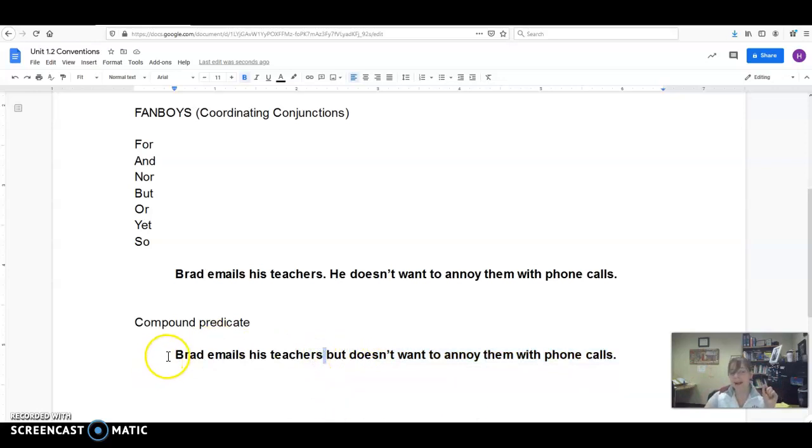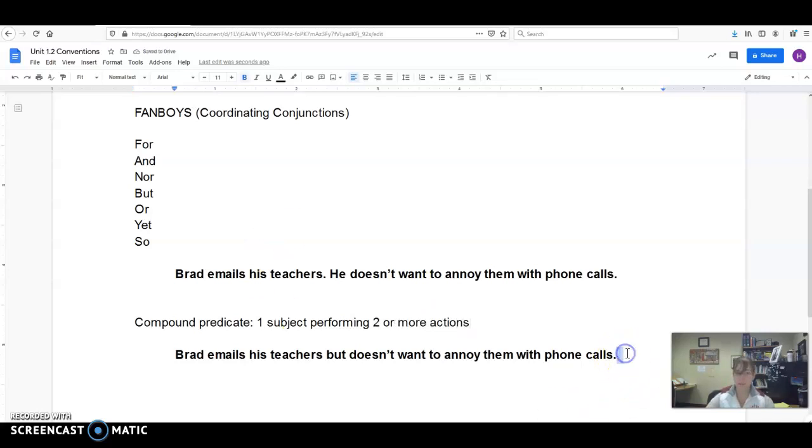If you have a subject acting on a verb over here, and you don't over here, you don't add a comma. And this sentence is grammatically correct because you have one subject performing two or more actions.